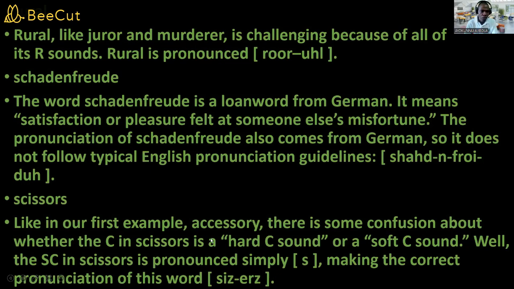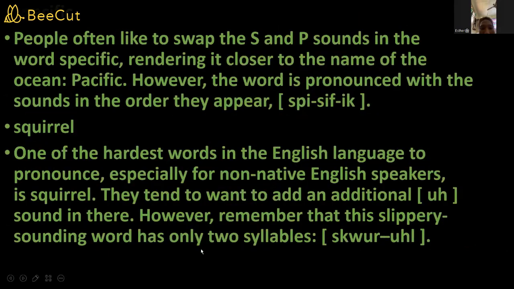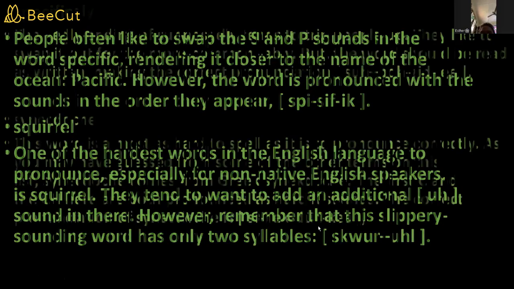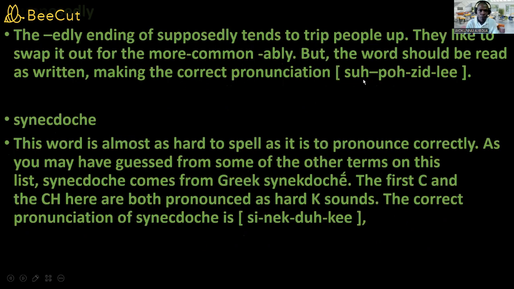So, and this one, Caesars, is pronounced Caesars. Yes. Then we have this one, specific. Then we have this one, squirrel. Then we have supposedly.